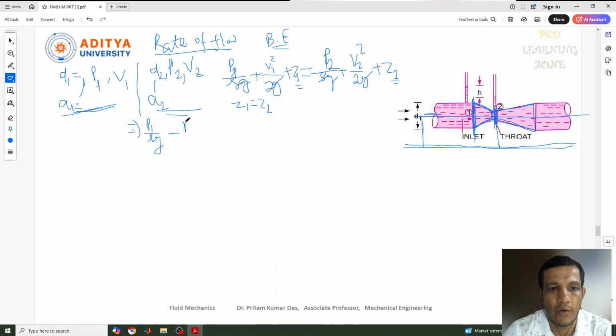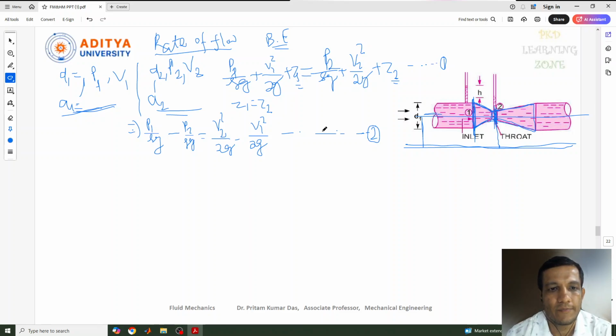So P1 by rho g minus P2 by rho g equals V2 square by 2g minus V1 square by 2g. This can also be written as P1 minus P2 by rho g. Let's call the first one equation 1, the Bernoulli's equation, and this one equation 2.